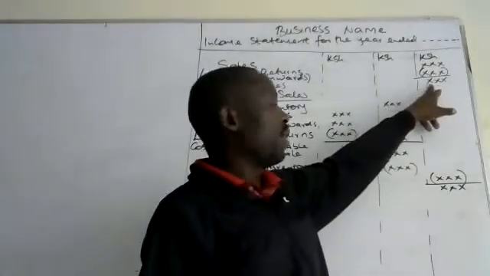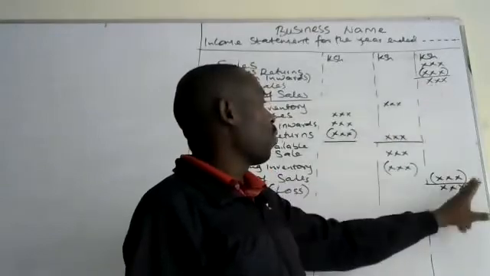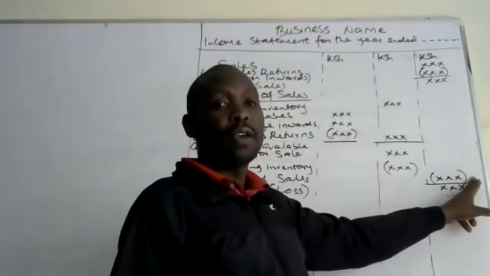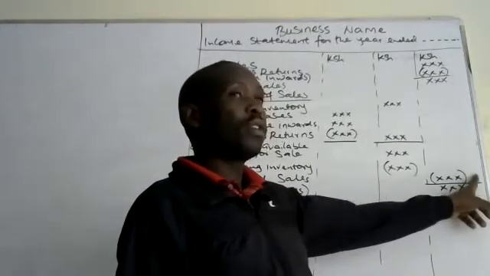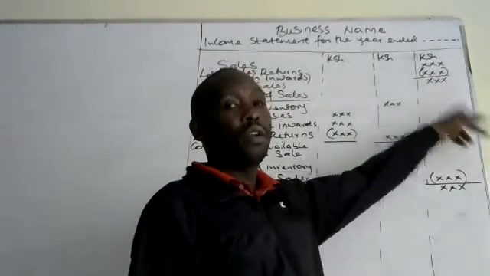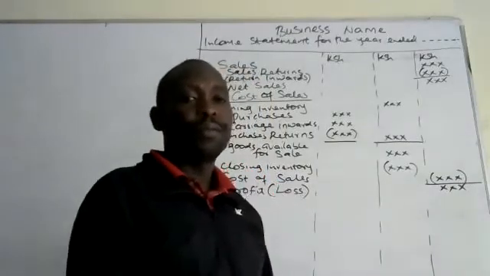If the sales revenue, this is income, is more than what it cost us, then we make a gross profit. But if the cost is more than what we sold, it is a gross loss.